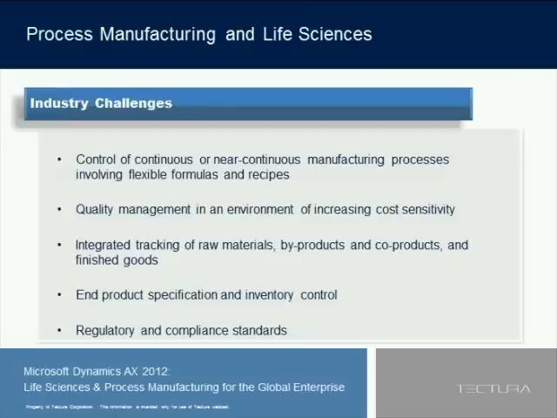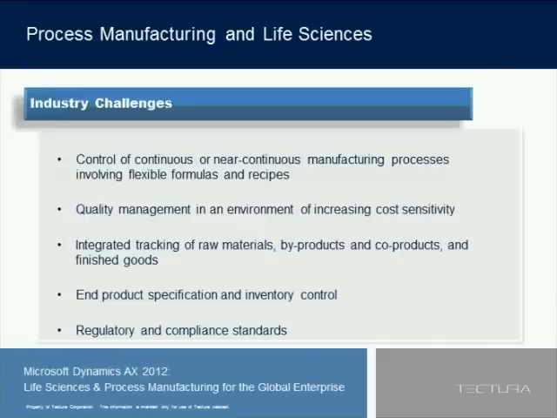The first one is continuous or near continuous manufacturing processes involving flexible formulas and recipes. Maybe the raw material or ingredient consumption is by percentage rather than hard quantity, or I want that formula to scale based on my production size, so you have that flexibility.